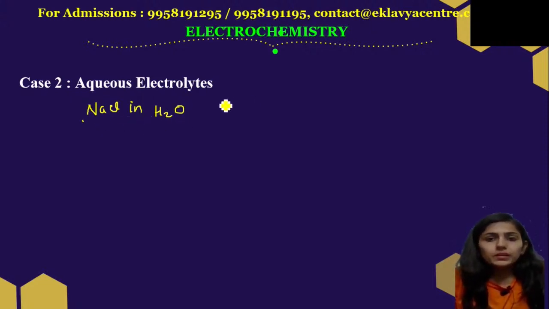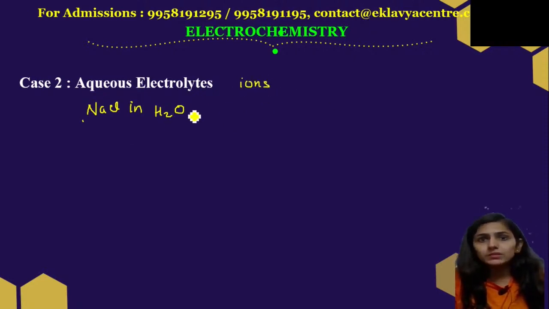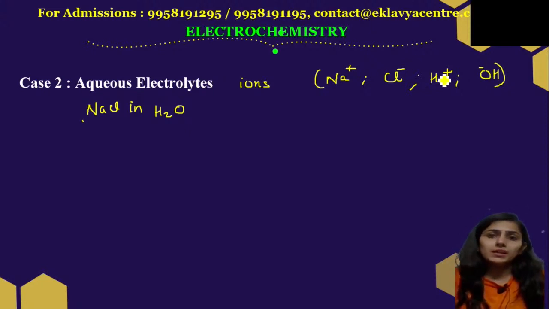Now, if we consider the ions, we have Na positive ions, Cl minus ions, H positive ions, and OH minus ions along with us, right beta?